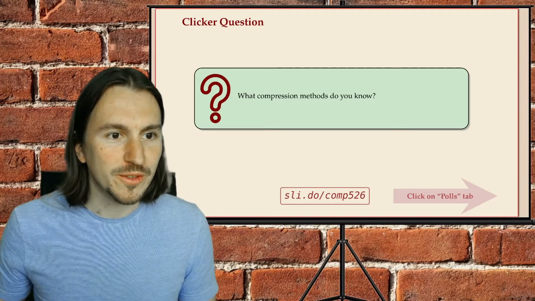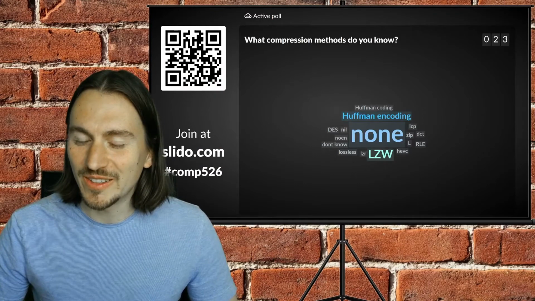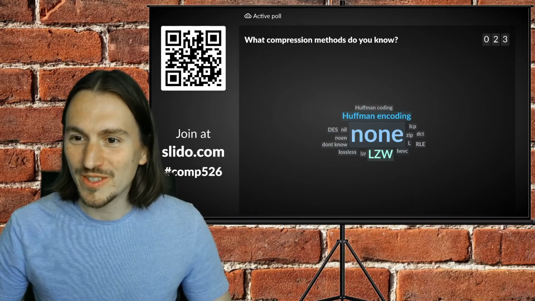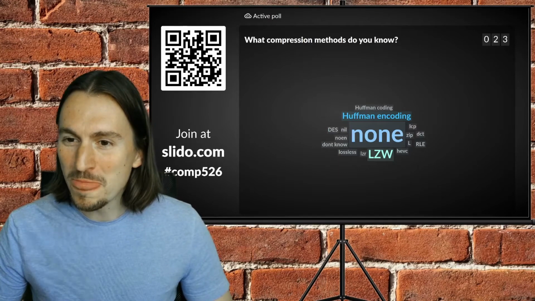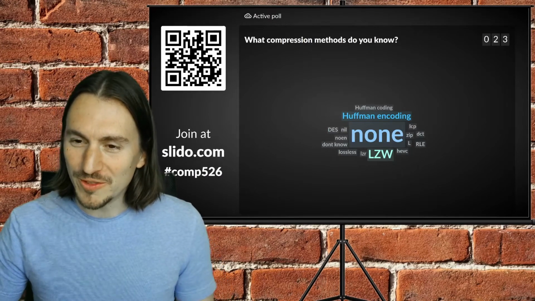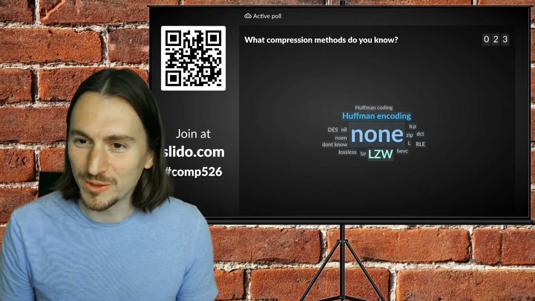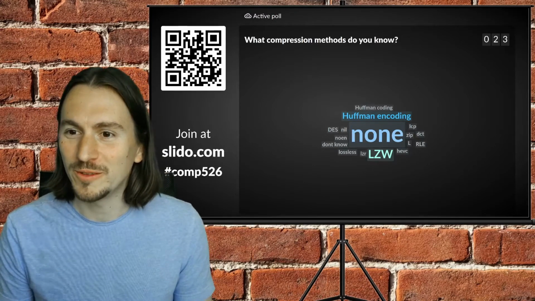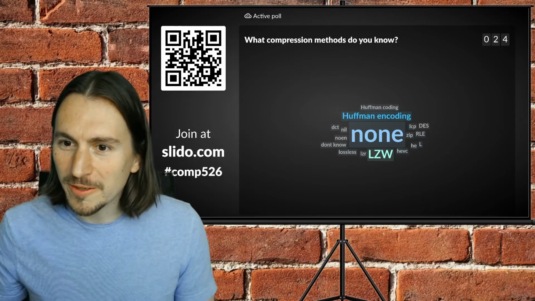Now let me come to the question I already asked. So here's our nice tag cloud of compression methods. I see Huffman coding, Huffman encoding, Huffman codes are well known. A couple of people also voted LZW, the Lempel-Ziv-Welch algorithm that we will discuss in detail probably tomorrow. And a couple of others.